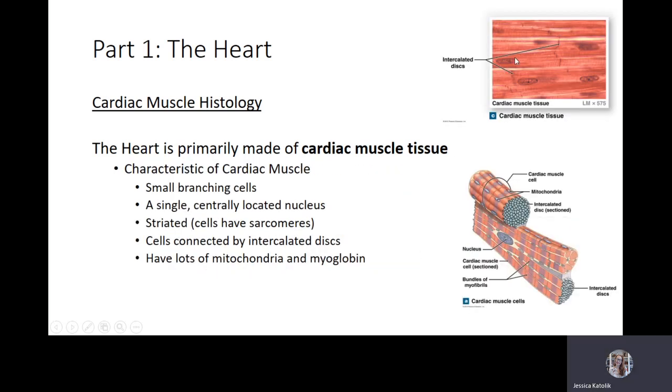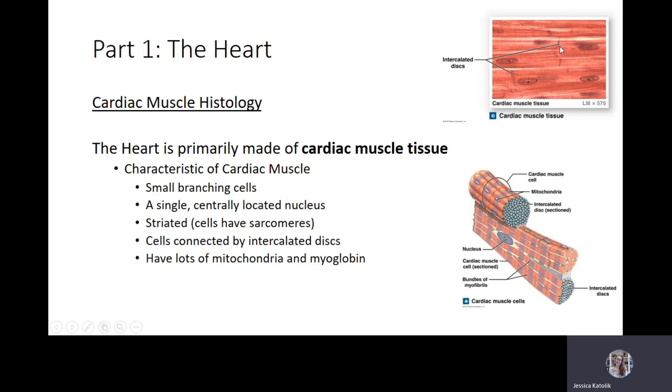Over here we're going to have the nuclei. Each cell is going to have about 1 or 2 nuclei in it, rather than the hundreds of nuclei that are found in skeletal muscle cells.